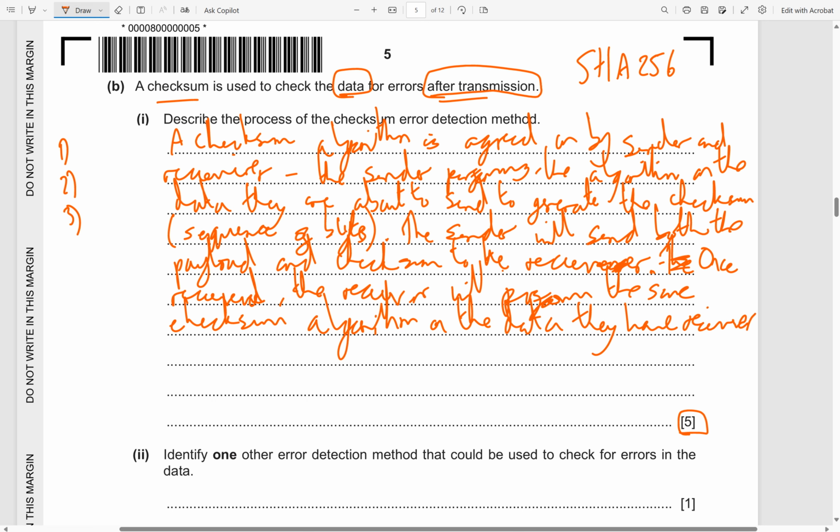And then what we want to do: if the checksum we generate is equal to the checksum that the sender sent, then we can assume there's been no transmission error.